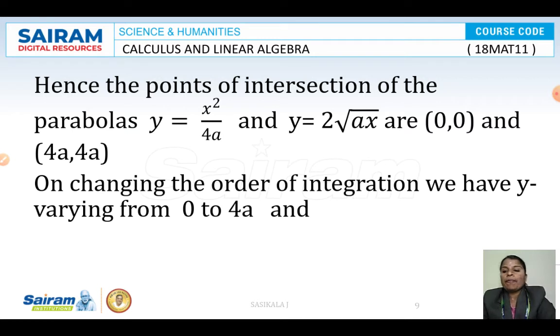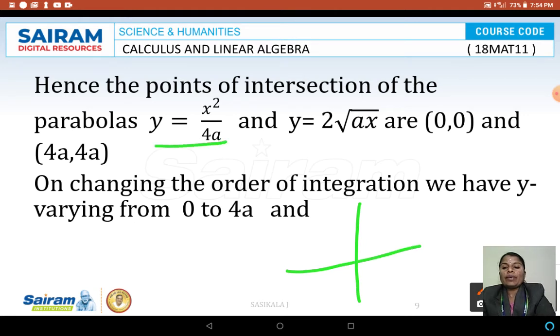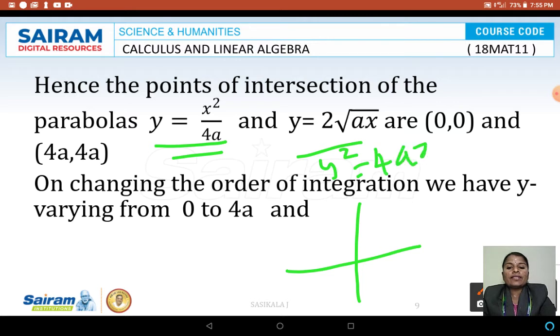Now we have to find the points of intersection and then you will be able to get the limits. First thing, you can see the parabola curves, because you have two curves, y is equal to x squared by 4a and another equation y squared equal to 4ax. Y squared equal to 4ax is symmetric towards your x-axis, and x squared equal to 4ay is symmetric towards your y-axis.